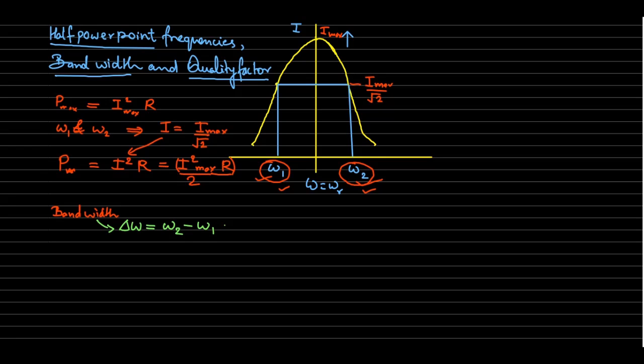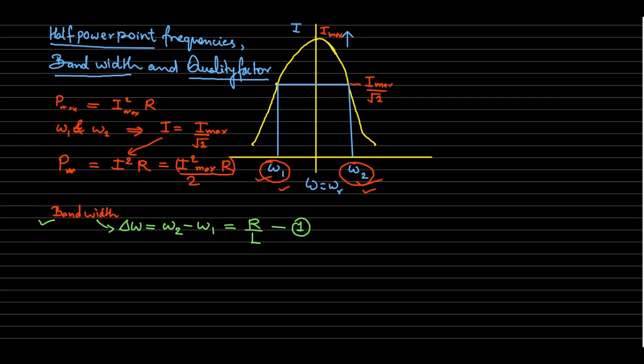And the formula of the bandwidth, in general, is R by L. Is this clear to everyone? Yes, sir. In the next slide we will derive the expression of this R by L bandwidth.